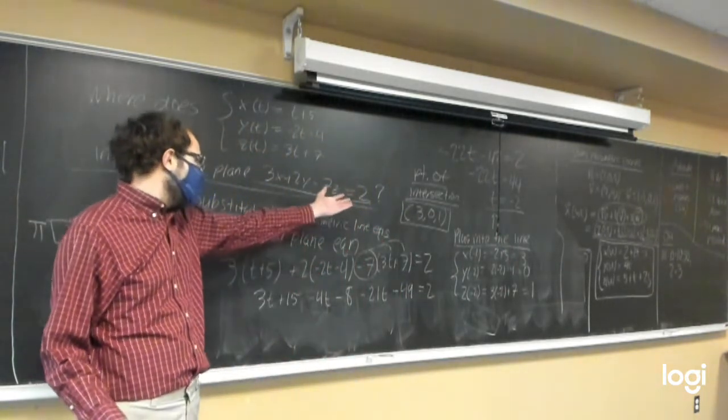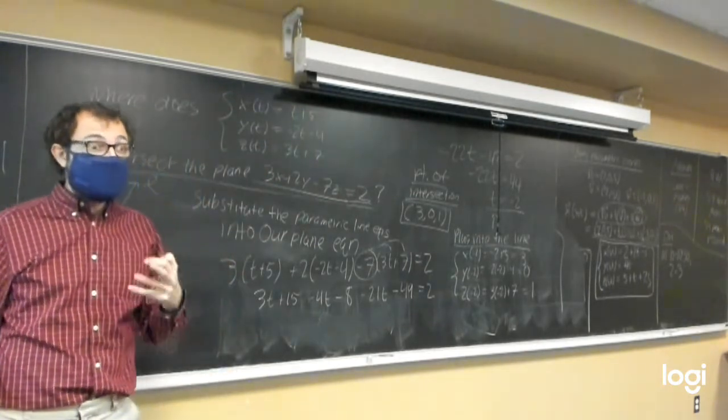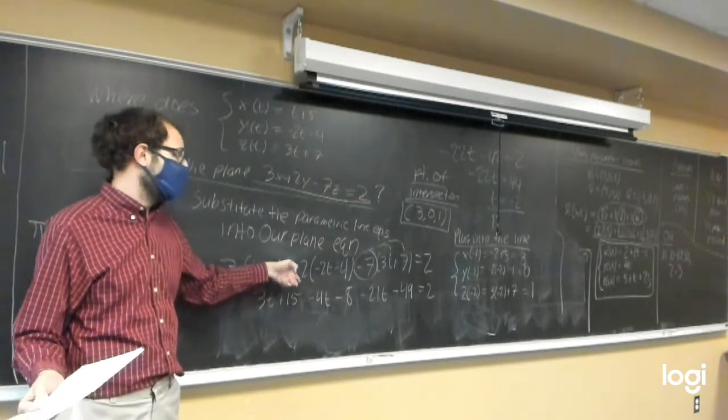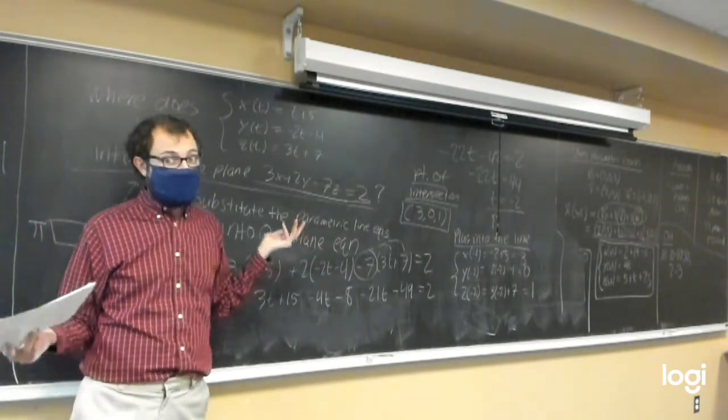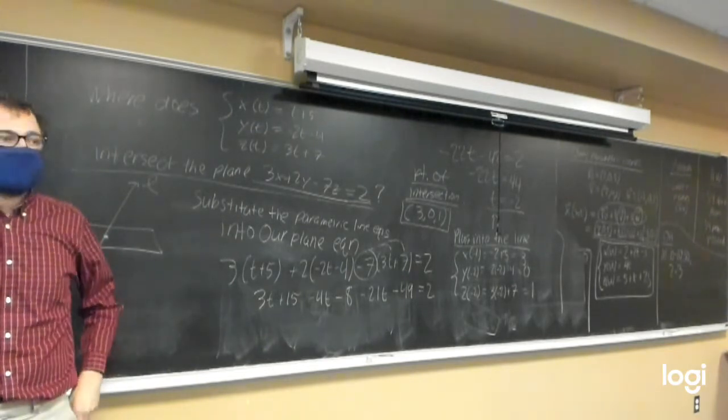Because that's the point we get when we plug in -2 for t. And we know if we plug in -2 for t, according to this equation right here, that should give us a point that happens to lie on our plane, as well as on our line.